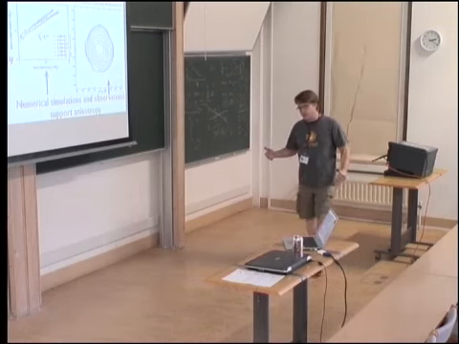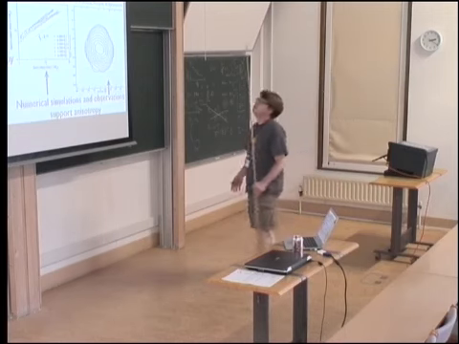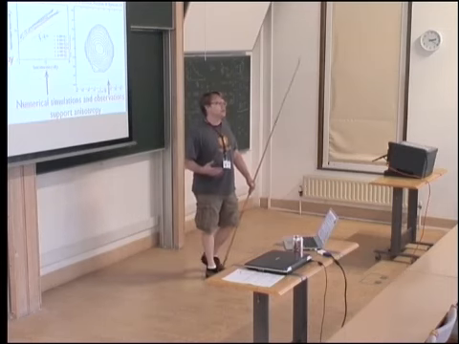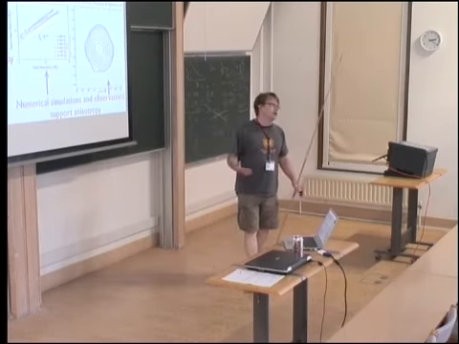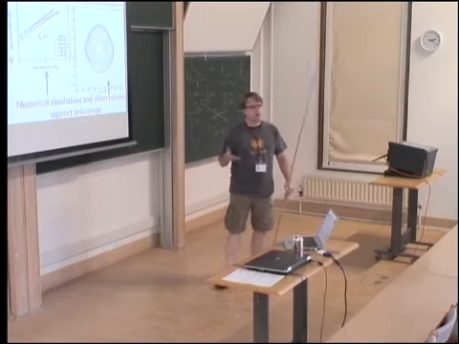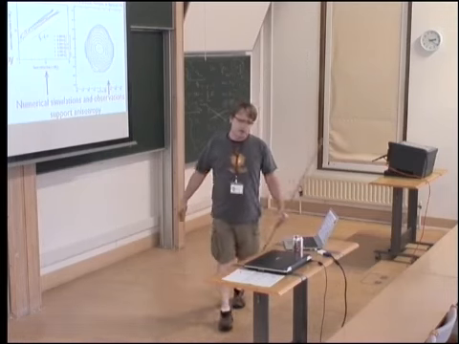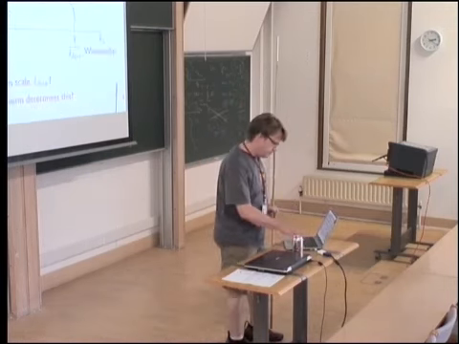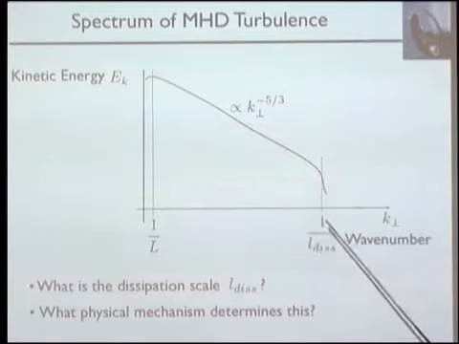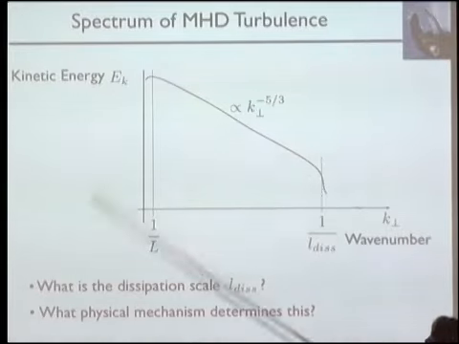And what I think was first noticed by Eliot Quataert was that these are very favorable for giving rise to a gyrokinetic description of the turbulence when you get to scales such that the perpendicular wave numbers are comparable to 1 over the gyroradius. So we'll get to that scale in a moment. But the spectrum of MHD turbulence then looks extremely similar.